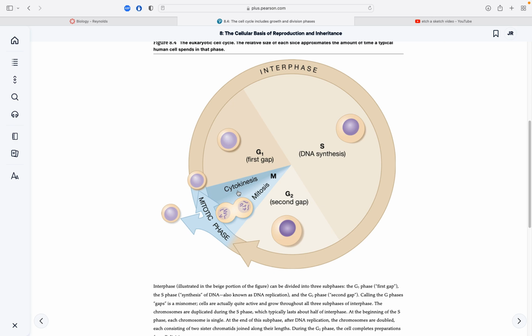So once again, interphase, broken down into G1, S, and G2, and then mitosis, prophase, metaphase, anaphase, telophase, and then cytokinesis. It's all in that circle, starting right here. Interphase G1, interphase S, interphase G2, mitosis, PMAT, prophase, metaphase, anaphase, telophase, and then cytokinesis.